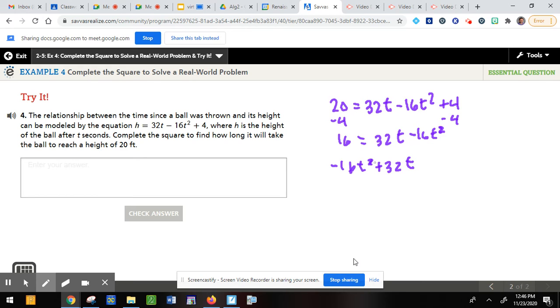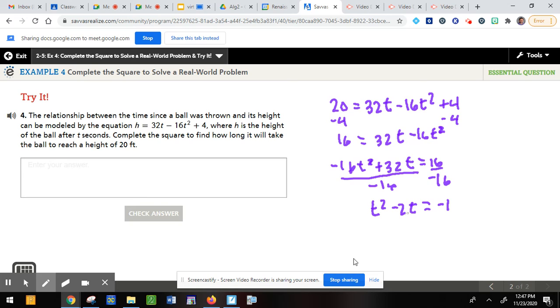I'm also putting the quadratic first. Now, I don't want the quadratic to be negative. I also don't want it to be 16, so I'm going to divide everything by negative 16. And I get t squared minus 2t is equal to -1. At this point, I want you to try to solve it.